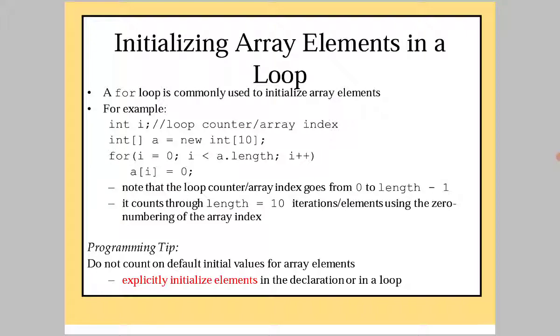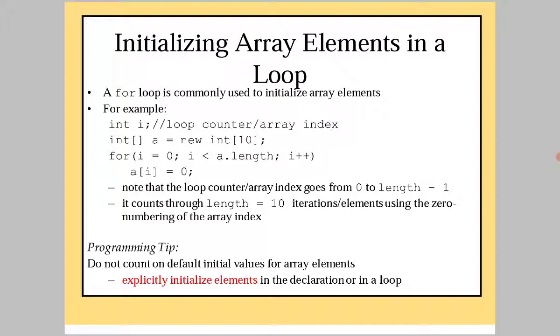So how to initialize arrays in a loop in C or C++? By using the array name and subscript value, we may initialize, meaning assign some value to, an array element. For example, int I, then int a of 10.